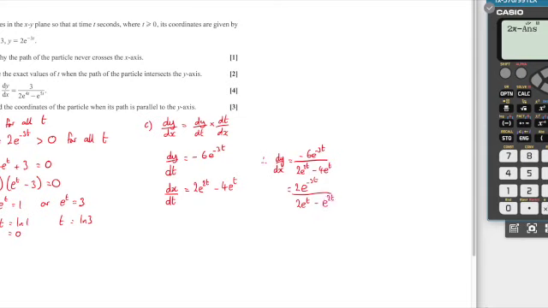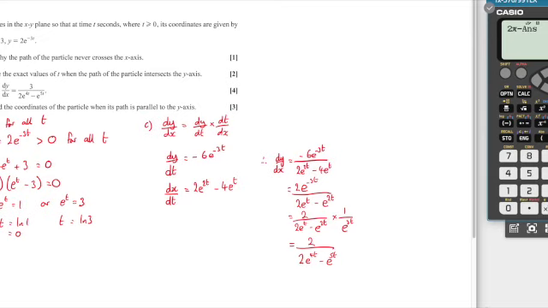I can then rewrite that as 2 lots of 2e to the t minus e to the 2t times e to the minus 3t, and that we can actually think of as 1 over e to the 3t, and that's going to multiply by the two things on the bottom. So we're going to get 2 over 2e to the 4t minus e to the 5t, which is what we had in the question.